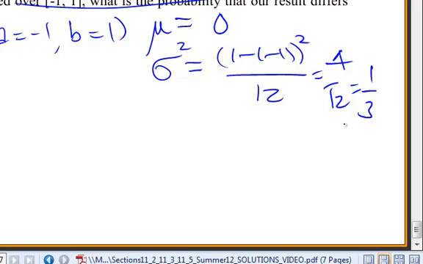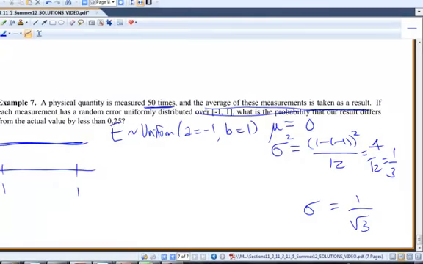So here's the mean and the variance of a uniform. Okay, so standard deviation would be 1 over the square root of 3. The question is, what's the probability that our results differ from the actual results by less than 0.25? The physical quantity is measured 50 times, and an average of these is taken. So this is a question about x bar.